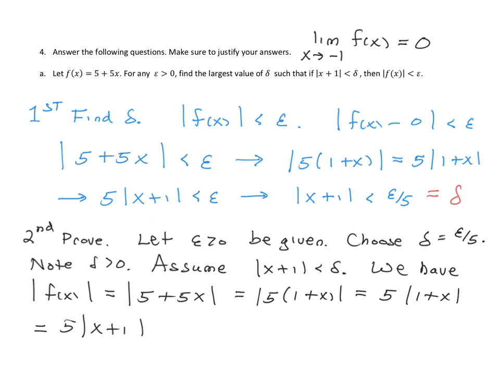And now we made this assumption. We are assuming that just this part is less than delta. That means 5 times this thing must be less than 5 times delta. Of course, delta was chosen to be equal to epsilon over 5, and by virtue of choosing a 5 in the denominator, they cancel, and it leaves us with just epsilon, and that concludes the proof.